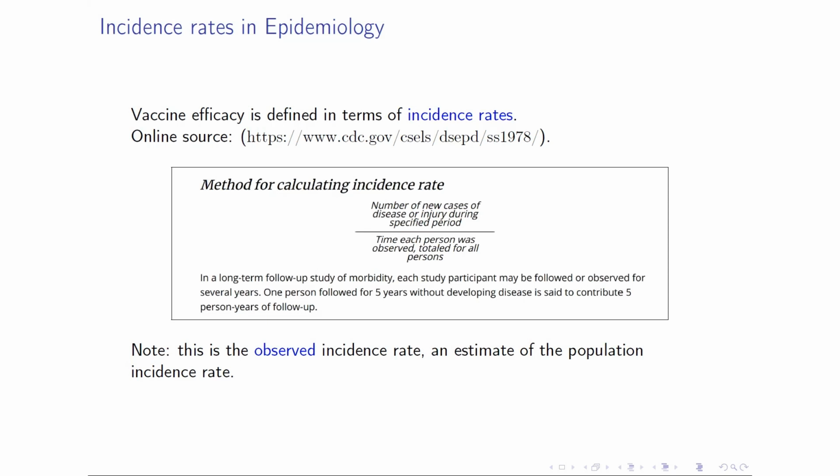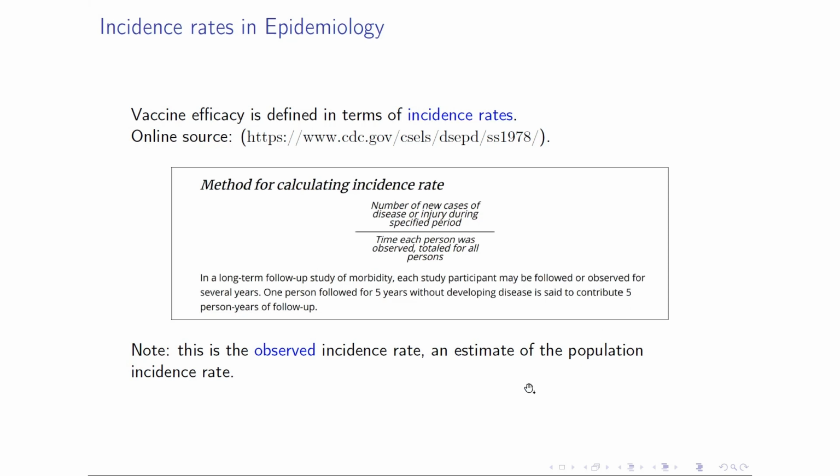So epidemiologists look at incidence rates all the time, how bad things happen over a population, and the usual way to compute incidence rates, if you read an epidemiology book like Rothman, which is a very important epidemiology standard, or if you look at American governmental publications, is the number of new cases over a period of time.